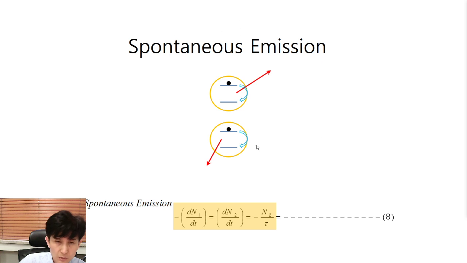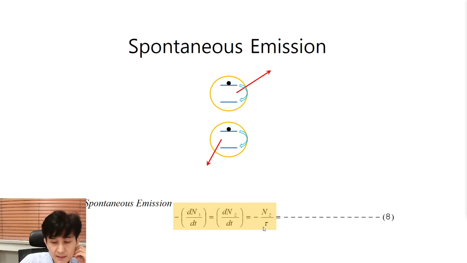Right. Just before, we disregarded spontaneous emission, and the effect of spontaneous emission can be easily added to the rate equation. The ground state atom changing rate is the opposite sign of the excited state atom rate, which is minus n2 divided by tau.